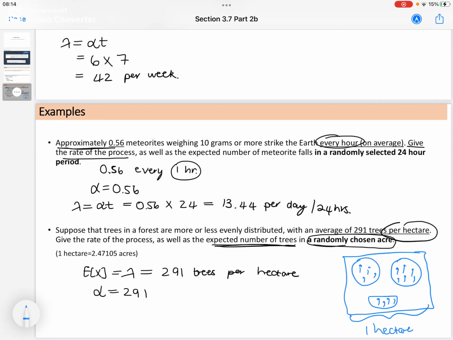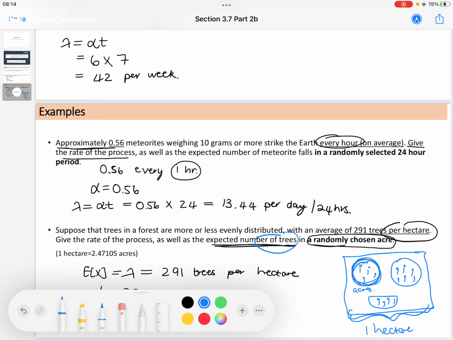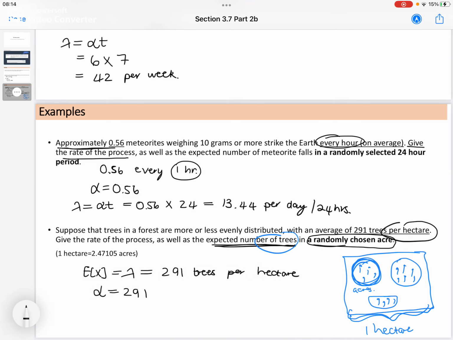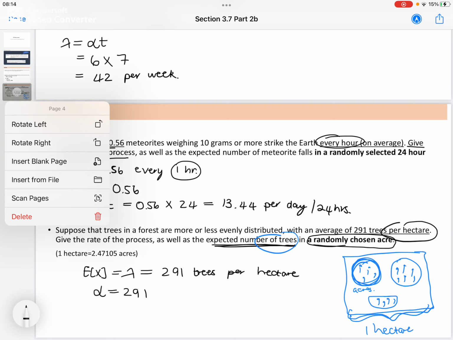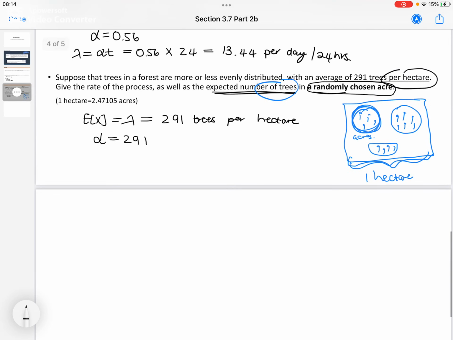This makes up 1 hectare. Okay, so now how many trees? What's the expected number of trees in 1 acre? If for 1 hectare you have 291, then in one acre, how many? Per acre, how many would you have?